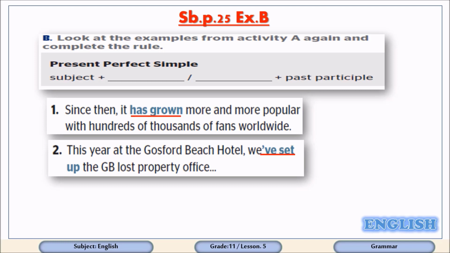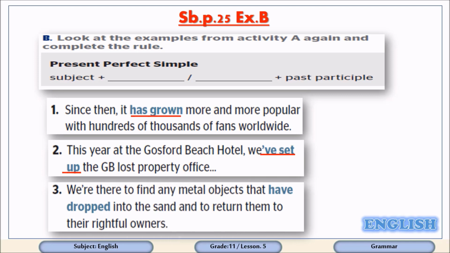Sentence 2. This year at the Gosford Beach Hotel, we have set up the JB Lost Property Office. So the subject we comes with have and the past participle set. The last sentence: we are there to find any metal objects that have dropped into the sand to return them to their rightful owners.